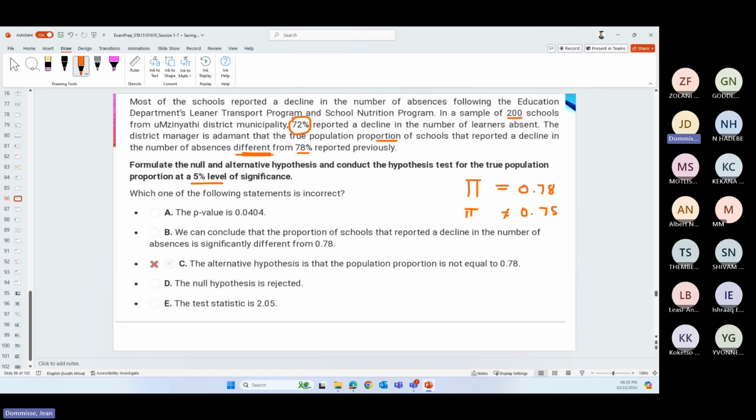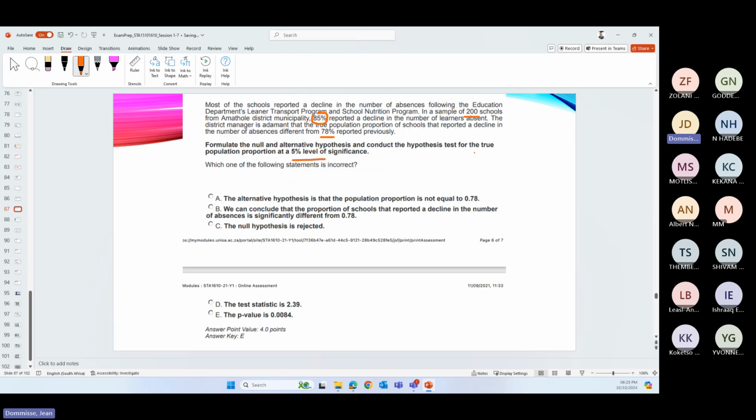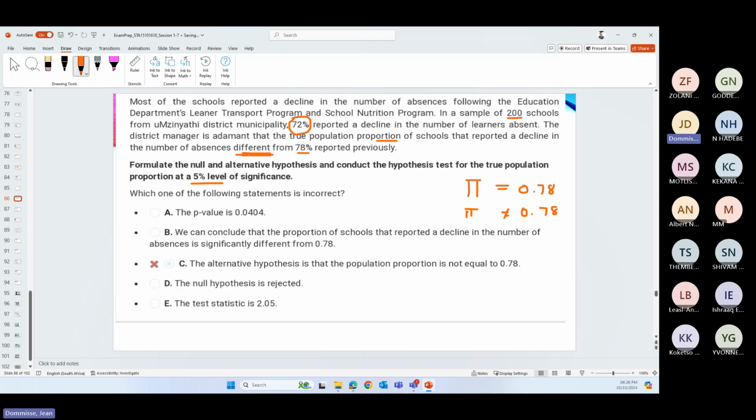If I said it's bigger than, it would have been a bigger than; smaller than, it would have been a smaller than, but this one is just different. So it's not bigger, it's not smaller, it's different.